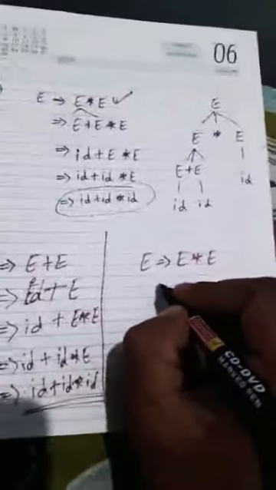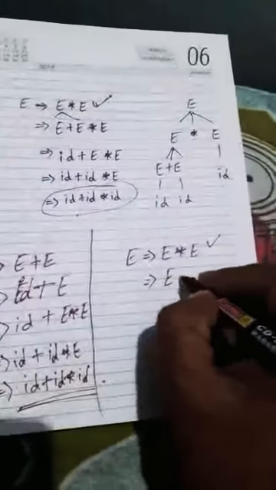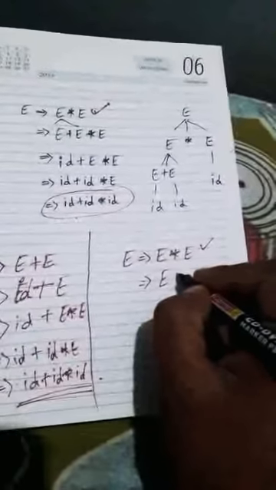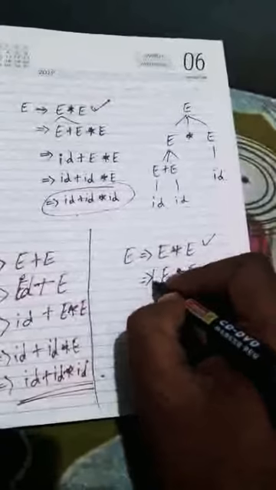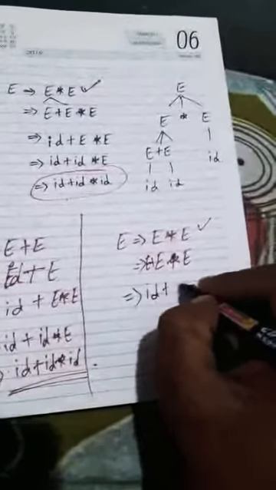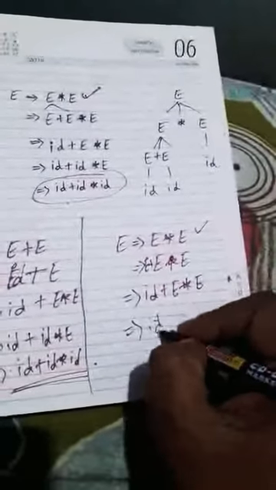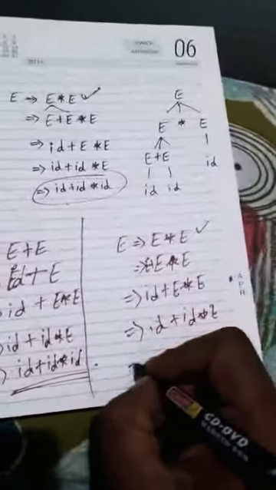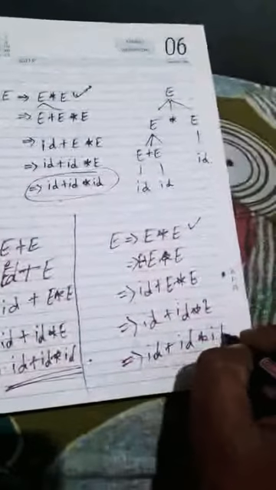Suppose you start with the second production, it will be E star E, then this E you replace with E plus E. So this will be ID plus E star E, ID plus ID star E, then you have ID plus ID star ID.